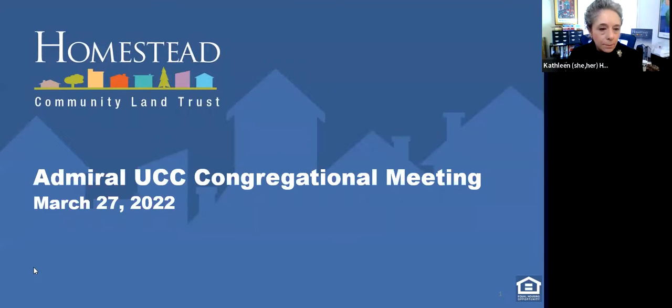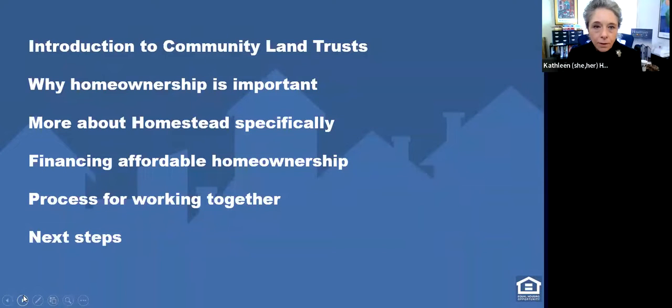Okay, so just to give you a sense of where I'm going, I wanted to give you first a brief introduction to community land trusts in general, and then to talk about why home ownership is important to community land trusts and also to Homestead. And then I'll talk a little bit more about Homestead specifically.